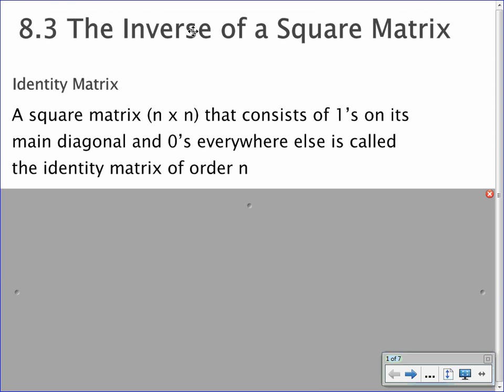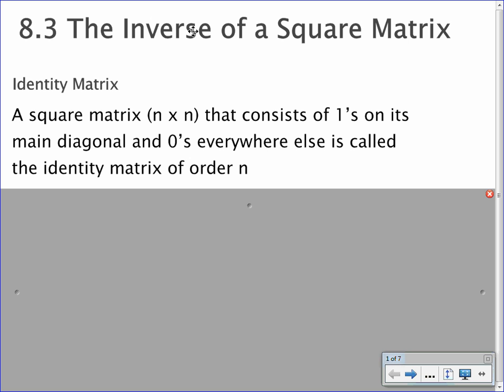Right, here we go. Today we are going to talk about the inverse of a square matrix. But in order to determine an inverse, we need to know what an identity matrix is.